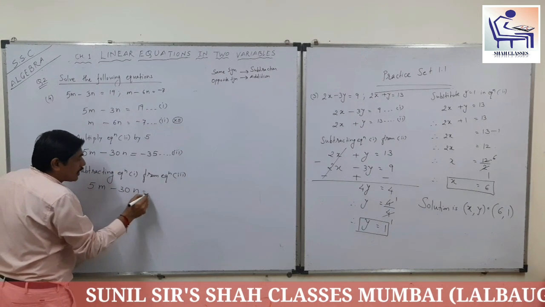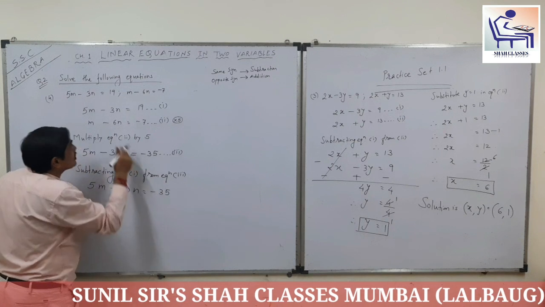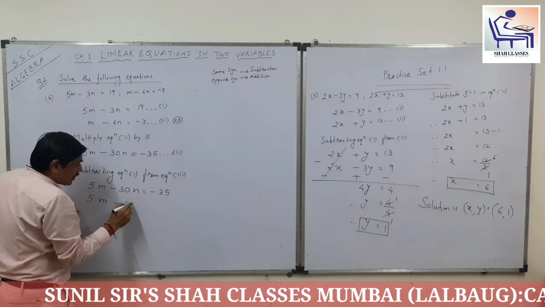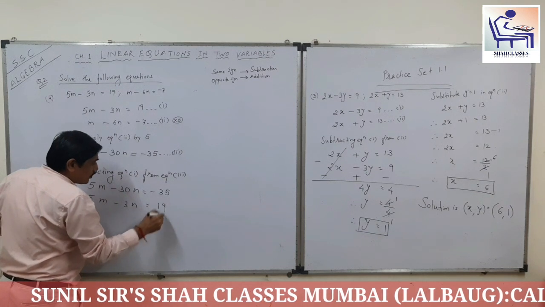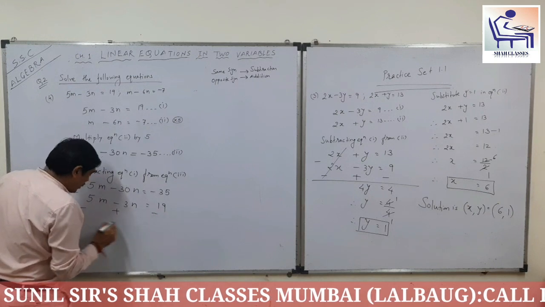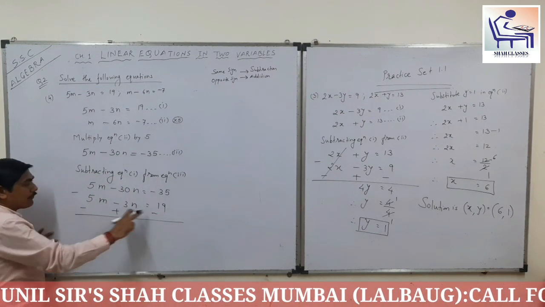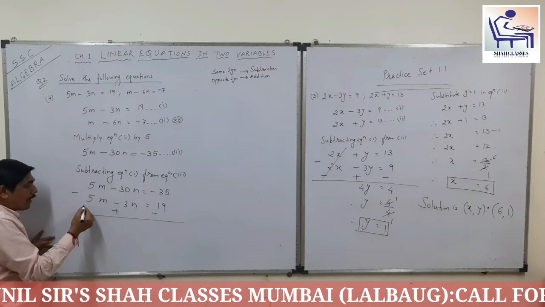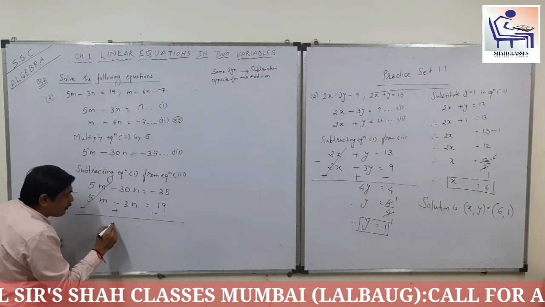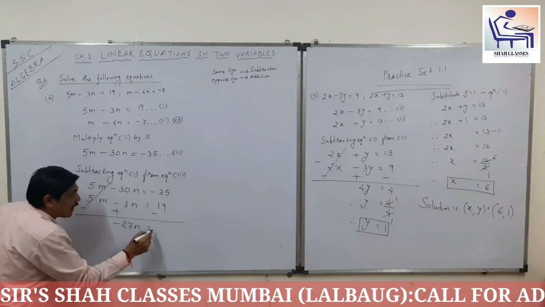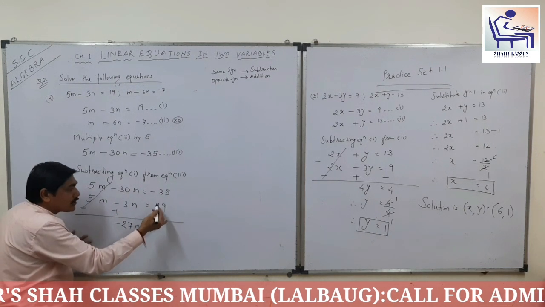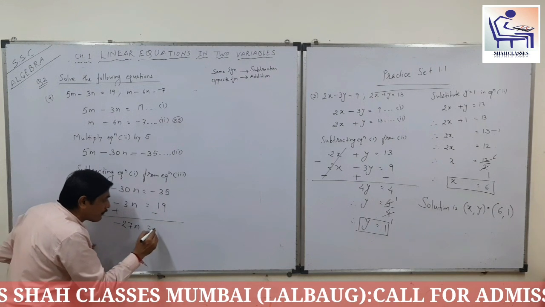So we will write first equation 3: 5m minus 30n is equal to minus 35, and 5m minus 3n is equal to 19. So we will do the subtraction. We will change the sign of each and every term. Now plus 5m minus 5m, it gets cancelled. Minus 30 plus 3 is minus 27n. Minus 35 minus 19: 35 plus 10, 45, 45 plus 9, 54.